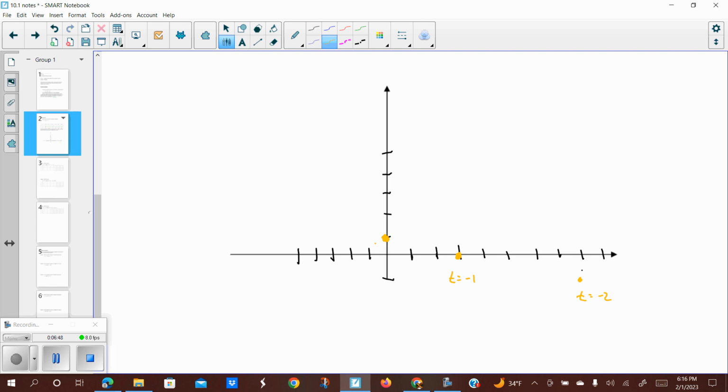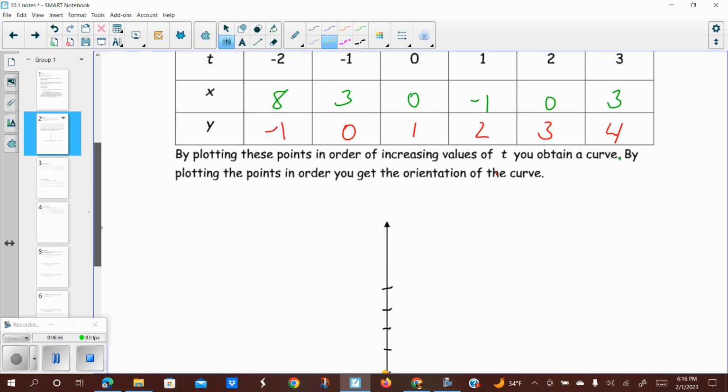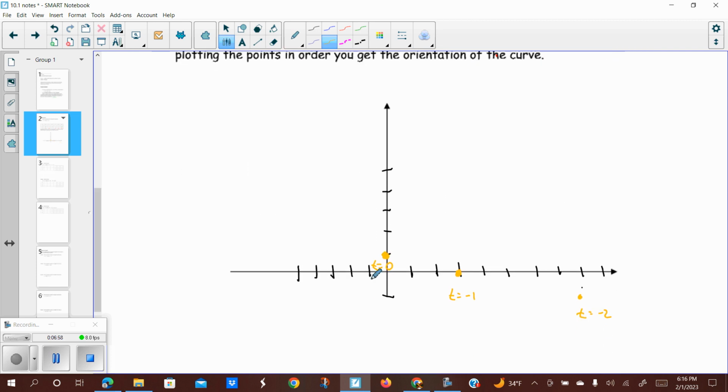I'm trying to write that without writing over top of too much there. Next one is when t is 1, I've got (-1, 2). So (-1, 2) is right here. And that's when t is 1.